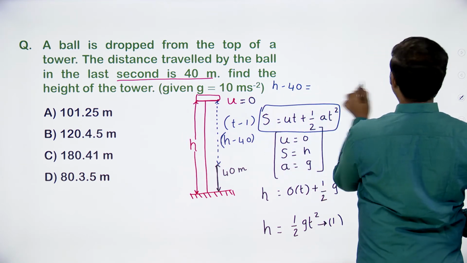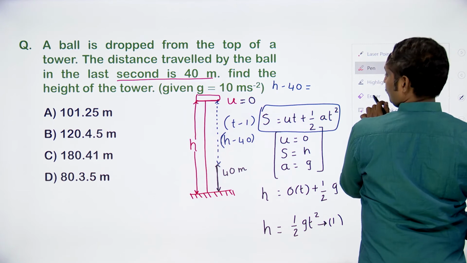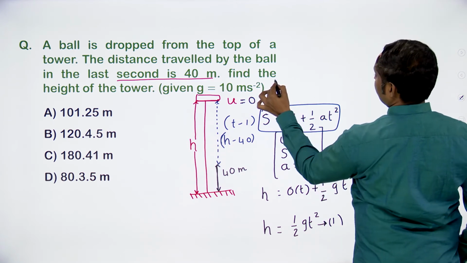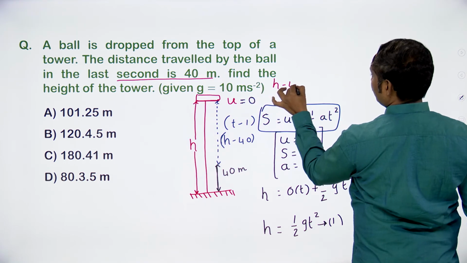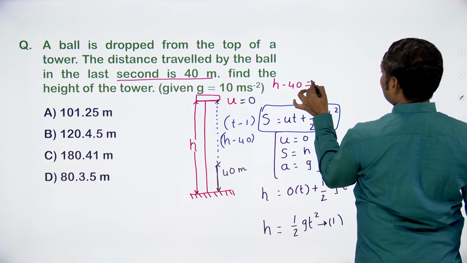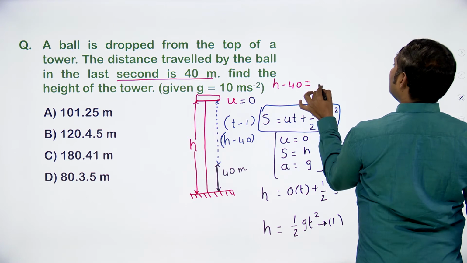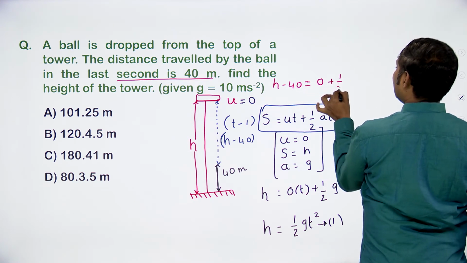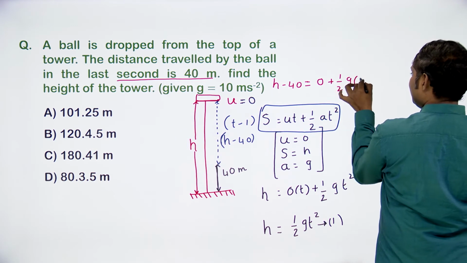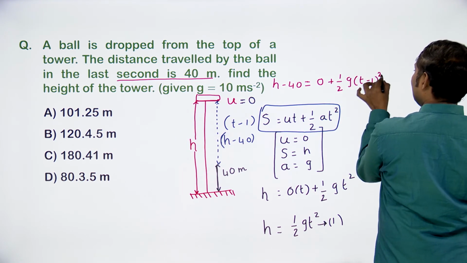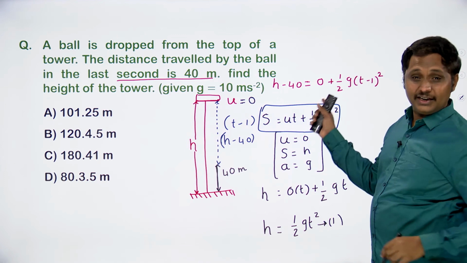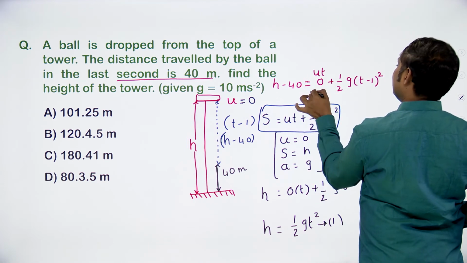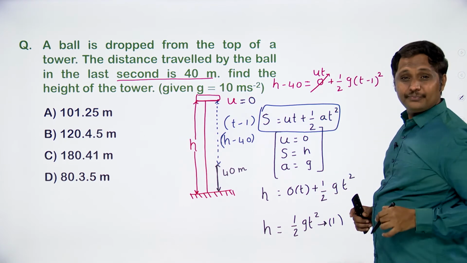Therefore, h minus 40 is equal to 0 plus 1 by 2 into g into t minus 1 whole square. We have to take that ut, it is going to be 0, no doubt at all, right.